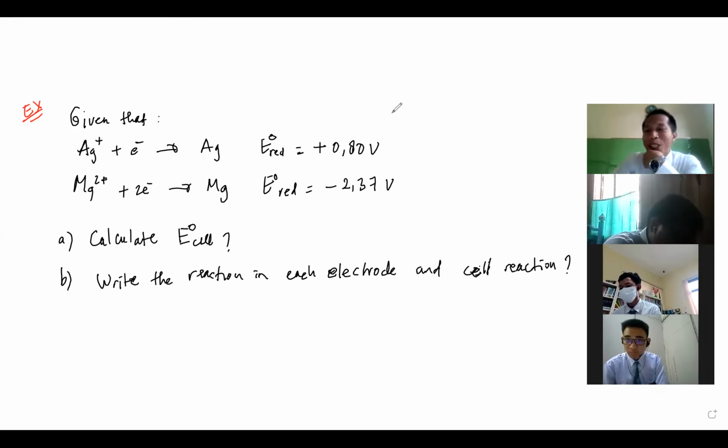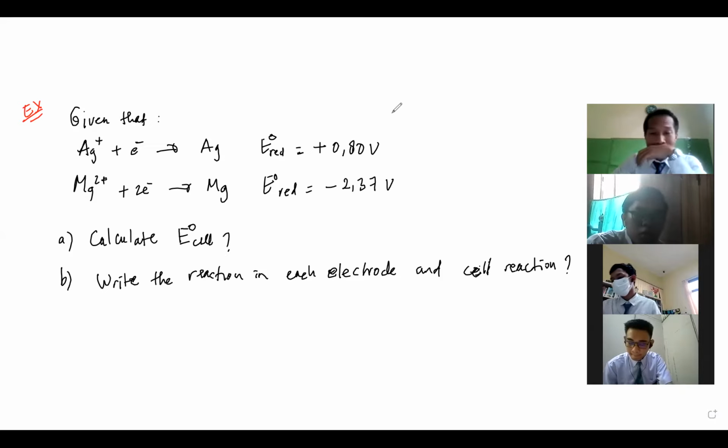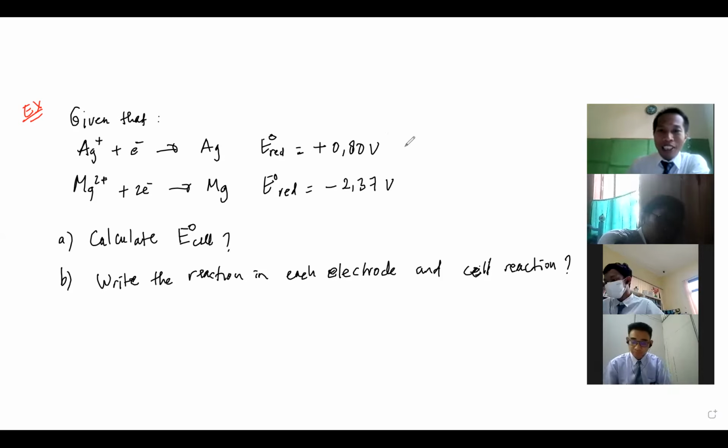Kalau rumus cepatnya gimana? Besar dikurangi kecil ya, ya kan? So I give the hint here.